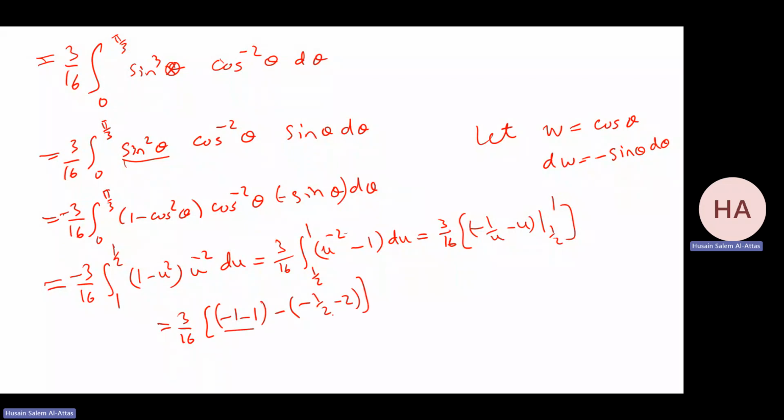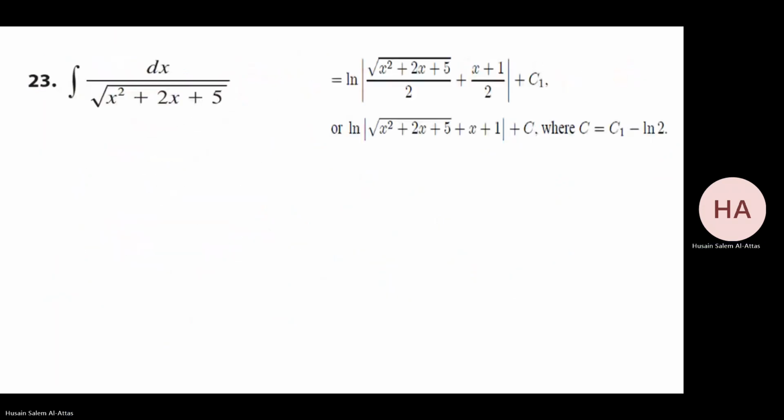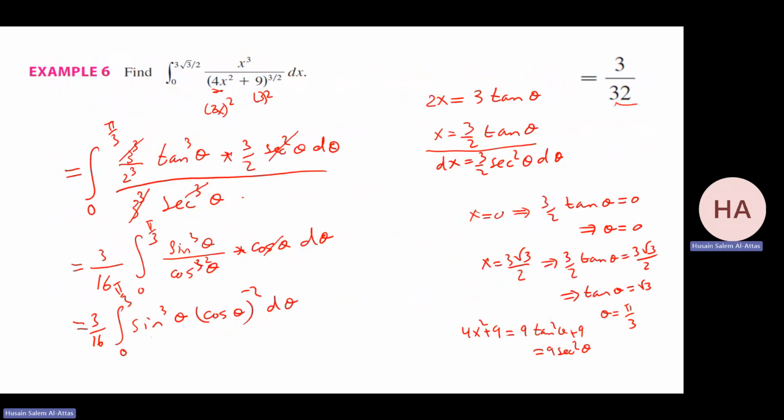That gives me minus 2, this is plus 2, that gives me a half. 3 over 16 times a half is 3 over 32, which is the answer here.